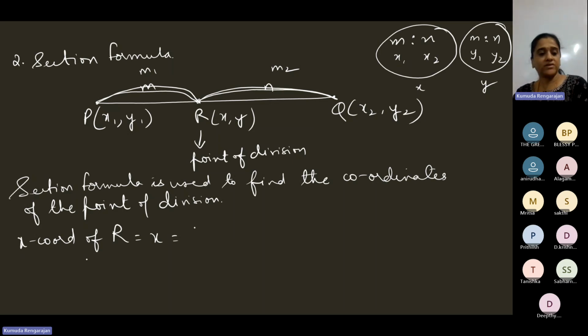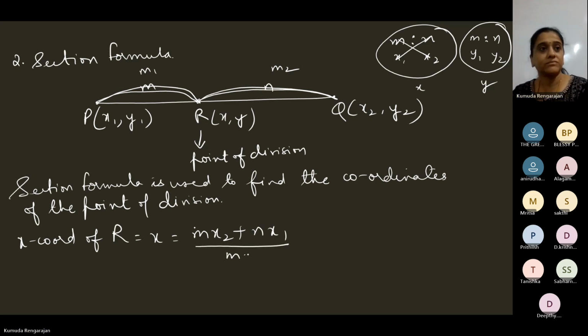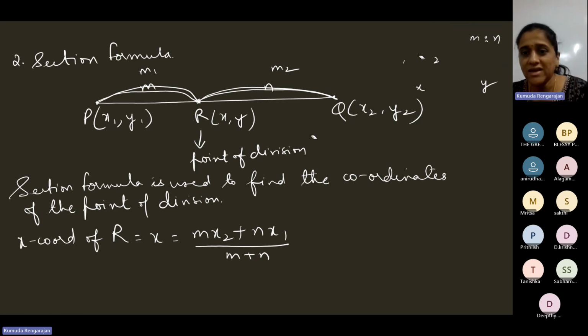So the x coordinate of R, which is x, is cross multiplying mx2 plus nx1 by m plus n. You can just write this what I told you now. I'll just write this again to find the x coordinate. So you'll use a ratio and x1, x2.